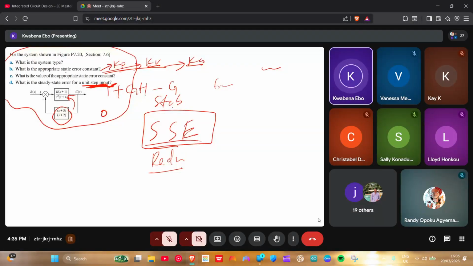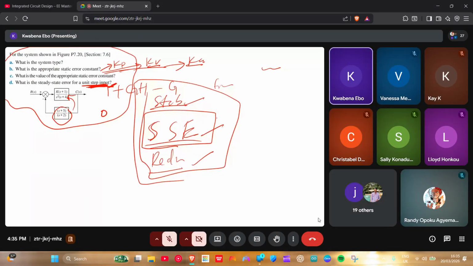Any question about these three topics? Stability, steady state error, and reduction of diagrams. Please, if there's no question, someone should unmute and say there is no question, for me to know. There is no question.